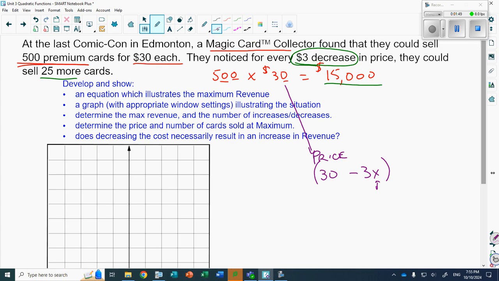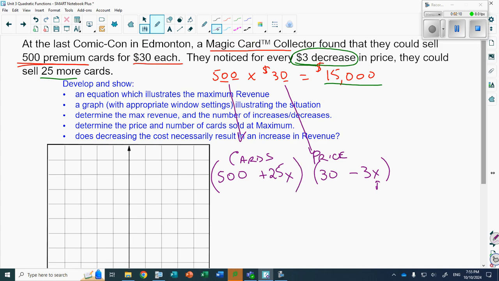But if you think about this side now and how many cards he's going to sell, currently he's at 500 cards, but he says that if he decreases the price, he's going to sell 25 more cards every time he decreases the price. Well, there's your equation.